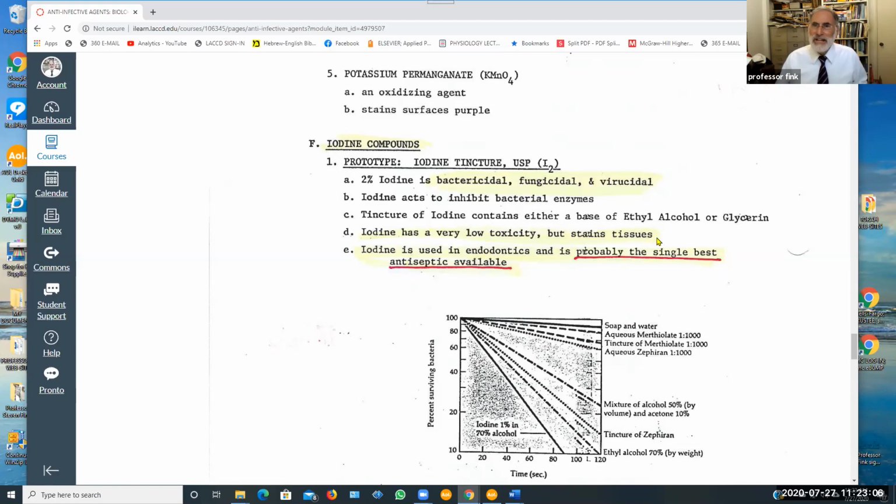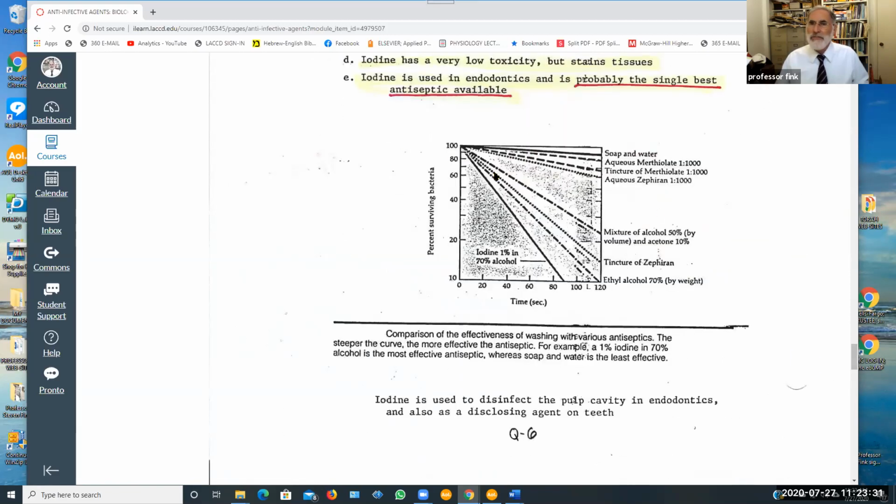But the most important is iodine. A 2% iodine solution is bactericidal and fungicidal and virucidal. So it's very effective. Iodine has the advantage that it's very low toxicity. It does not irritate tissues, but it can stain them. It's probably the single best antiseptic available.